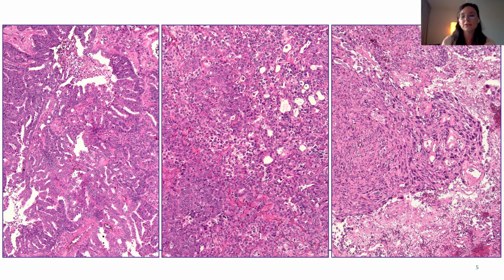And then in the middle and on the right-hand side, you have other two fields in which this tumor is getting less differentiated, so it's going away from the adenocarcinoma features. And on the right-hand side, you really see the atypical elements that were recognized to be sarcomatoid elements. So possibility of an adenocarcinoma with poor differentiation, we go with the whole set of investigation.